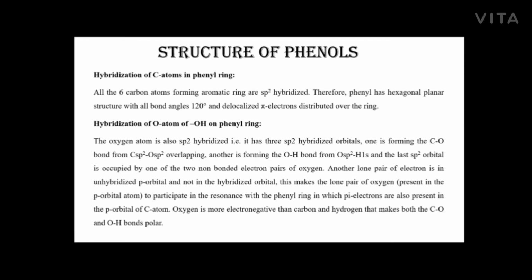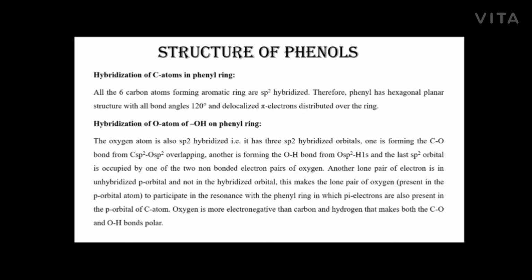Right? So if I talk about the structure of phenol, in the structure of phenols we go by the hybridization of each atom involved in phenols. Like the carbon atoms in the phenyl ring. If I see the 6 carbon atoms which form an aromatic ring, all 6 carbon atoms are sp2 hybridized, as they are involved in an aromatic ring. All are attached by resonating double bonds.